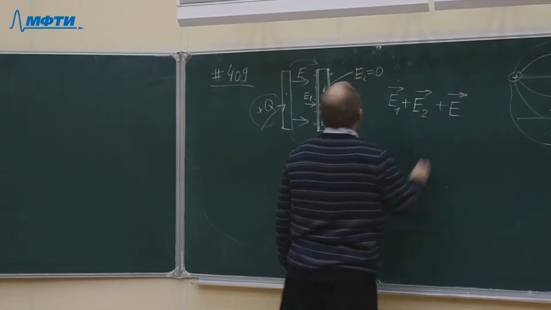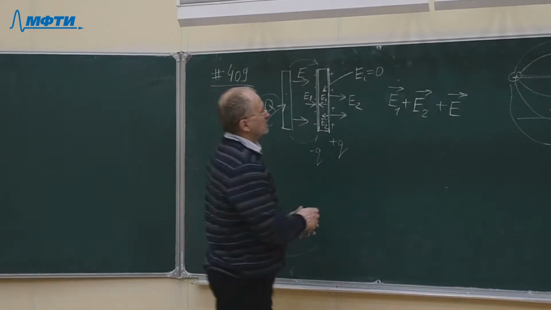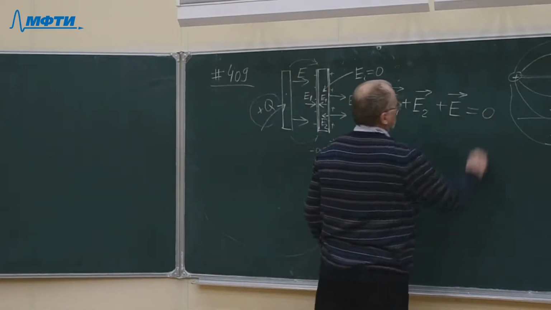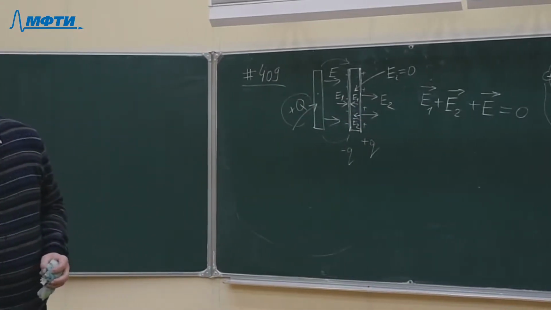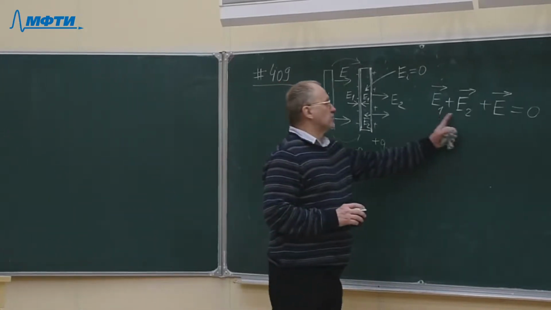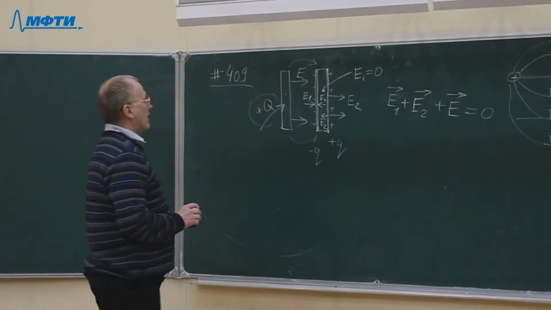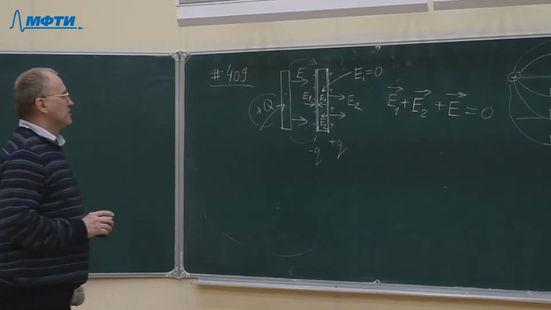All the three fields inside the second plate must produce 0 field. If we take into account only 2 fields, that will be not enough. There are 3 fields here.